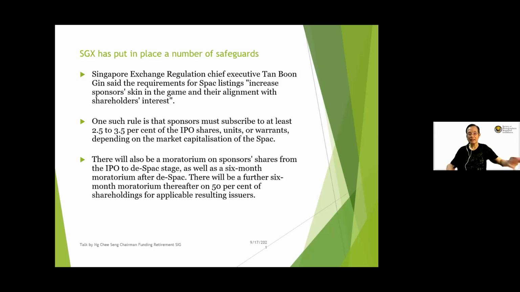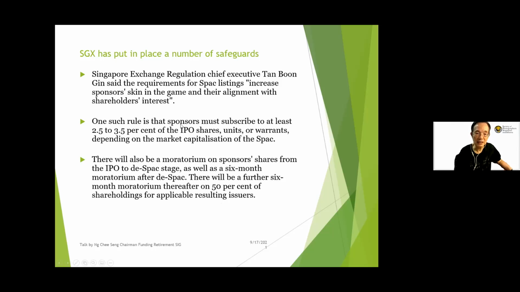This is quite a big phrase. So they want to tie the management team of the SPAC company so that their interest should be aligned with the shareholder interest. I mean, you cannot let down the small investors.